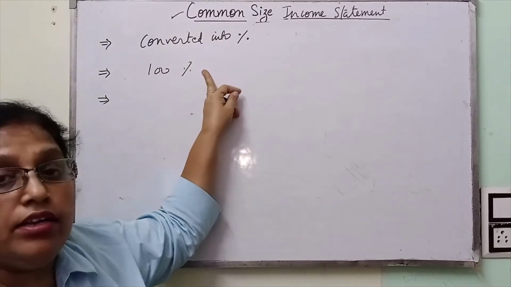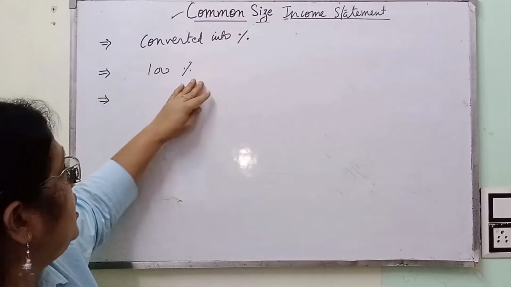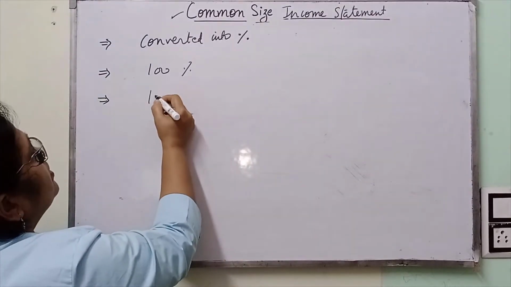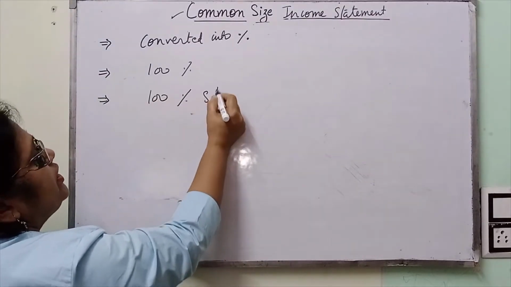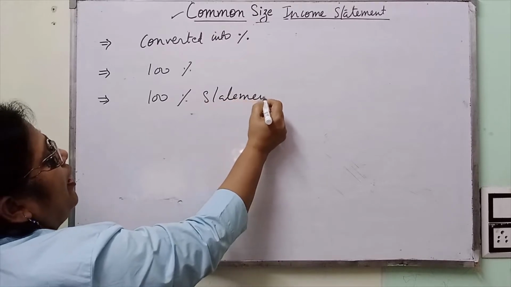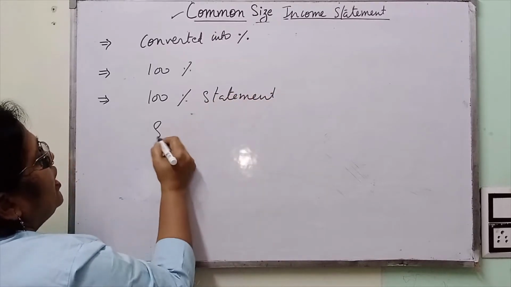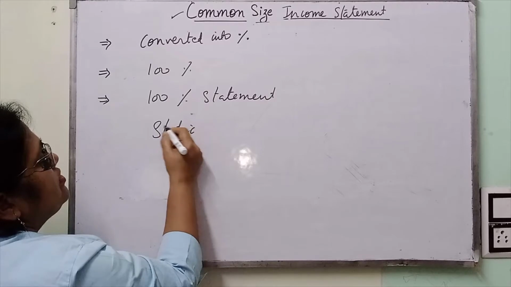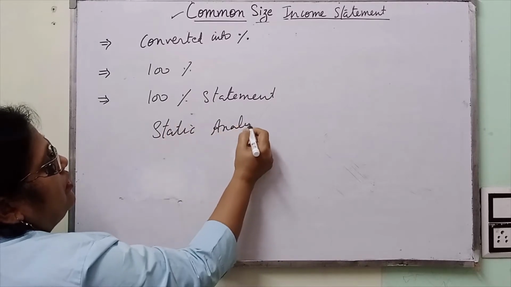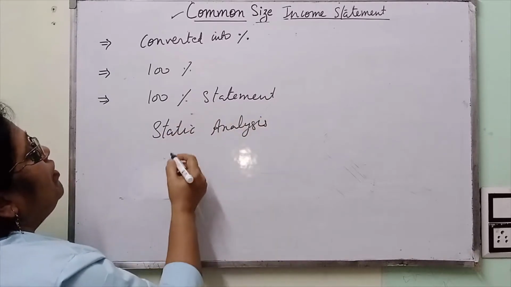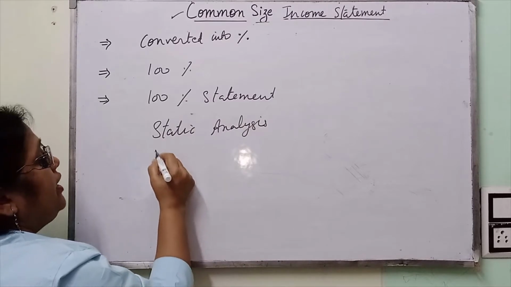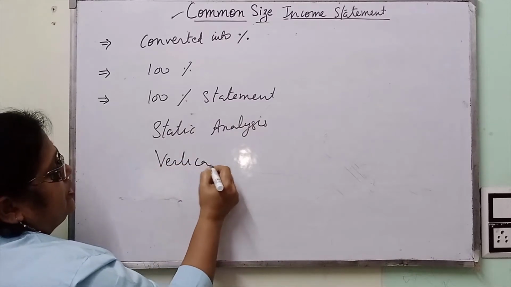When one common factor is treated as 100%, the other name of this statement is 100% statement, and it is also known as static analysis, and one more name is vertical analysis.